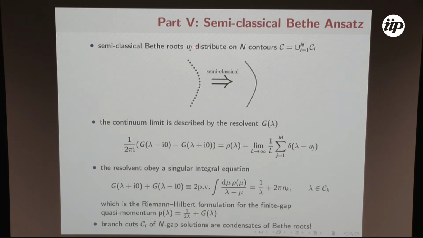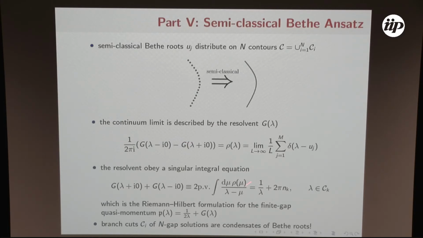And once you take the semi-classical limit, this kind of solution will basically become a nonlinear mode, the nonlinear mode which is present in a finite gap solution, which I was describing earlier. In other words, the nonlinear modes, which in some particular limit become the classical soliton excitations, are macroscopically large bound states of Bethe roots.